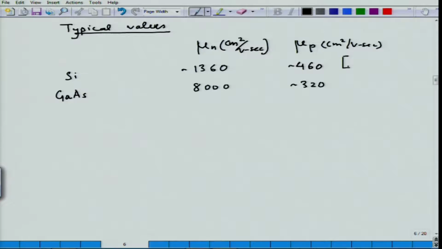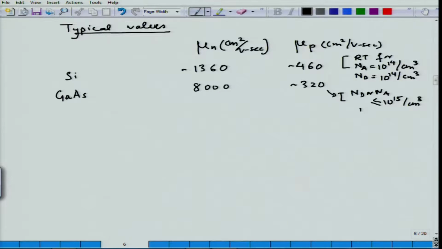What is important is that this value is reported at room temperature for acceptor concentration of 10 to the power 14 per centimeter cube and donor concentration also 10 to the power 14 per centimeter cube, while this value is reported for either donor or acceptor concentration being less than or equal to 10 to the power 15 per centimeter cube and room temperature.